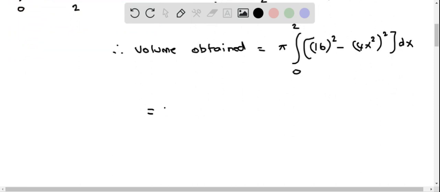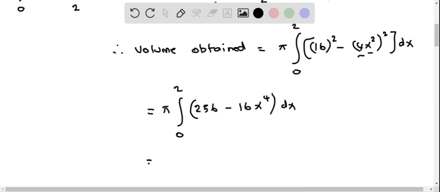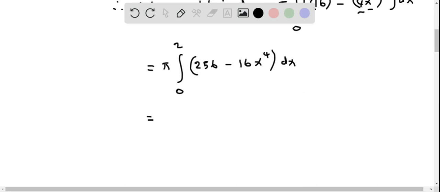And so this equals pi times the integral from 0 to 2 of 16 squared, which is 256, minus 4x squared quantity squared, which is the square of 4, which is 16, and the square of x squared is x raised to the power of 4, when we apply the exponent rule, and then dx. Now we integrate the terms inside the brackets.